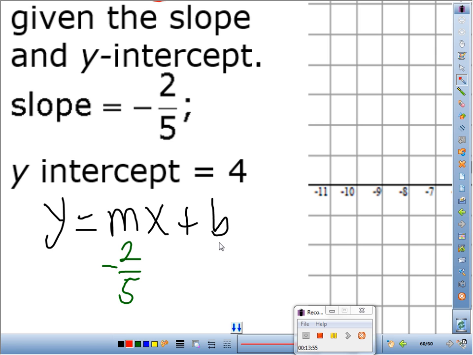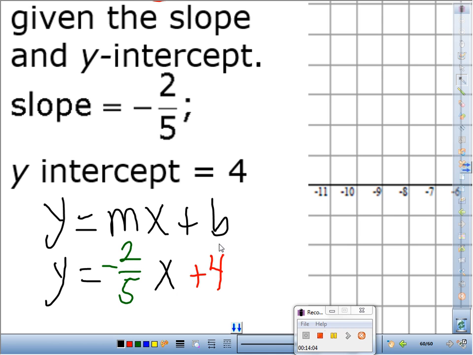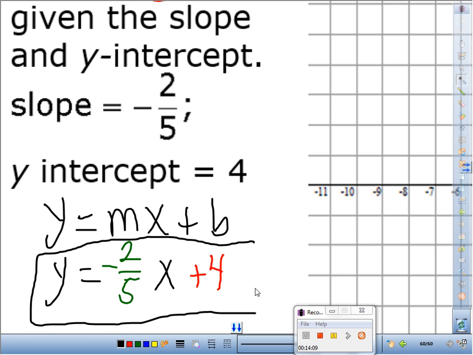And instead of b, I'm going to write +4. I bring everything else down. The y, the equal, and the x. And we are done. This is our slope-intercept form equation. Fairly simple? Yeah, right? So, we're done with the first part.